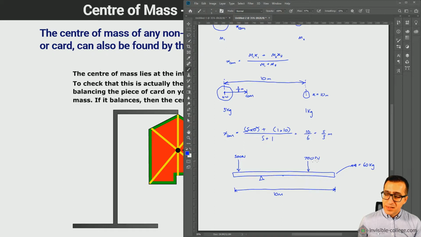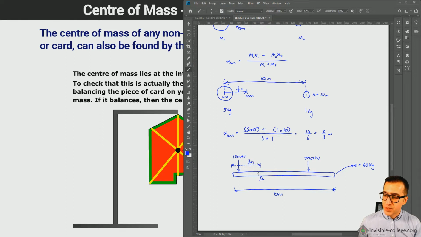Now, here's the question. Where would I, if we have the fulcrum here at, let's make this 1500 newtons. Let's say that the fulcrum is at a distance of, let's say 4 meters here, let's say 3 meters.